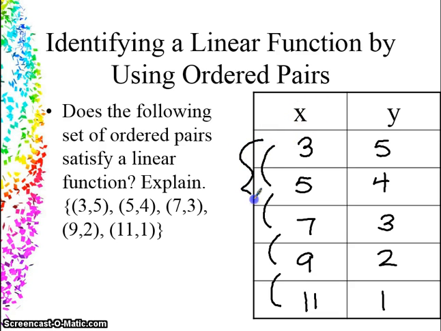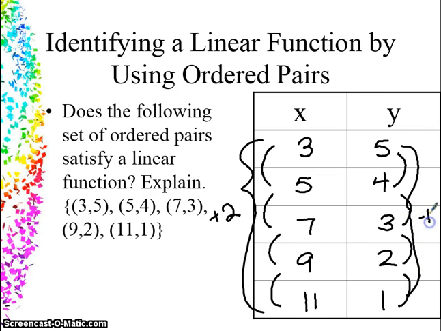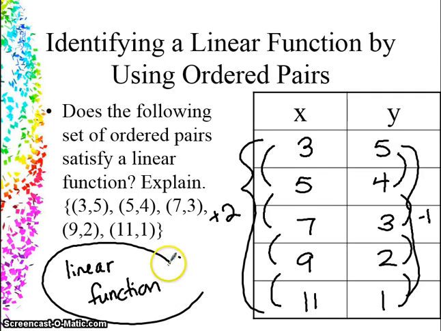So the inputs constantly go up by 2. We went down 1, down 1, down 1, down 1. So the outputs constantly went down 1. So yes, this is a linear function. So remember, anytime that you have a set of ordered pairs, you can treat them like an input-output table, because an input-output table is just a way of organizing ordered pairs.